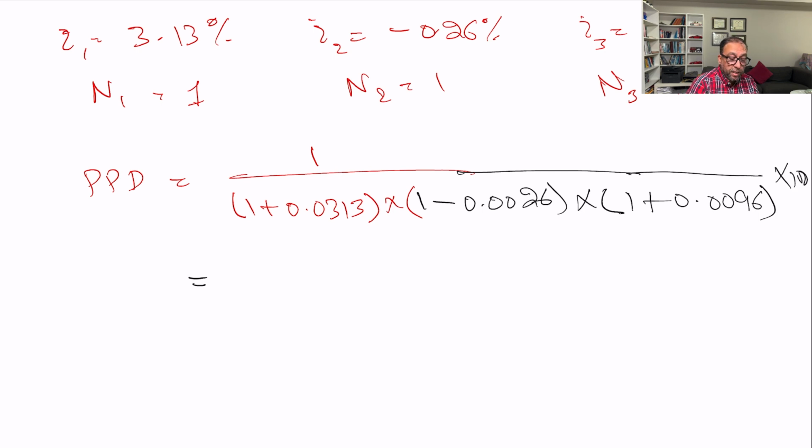So we get 96.2933%. So the purchasing power of a June 2007 dollar in June 2010 is 96.2933%. If 100 in June 2007 could purchase 100 items, in 2010 it could only purchase about 96 items. So that's the way it works.